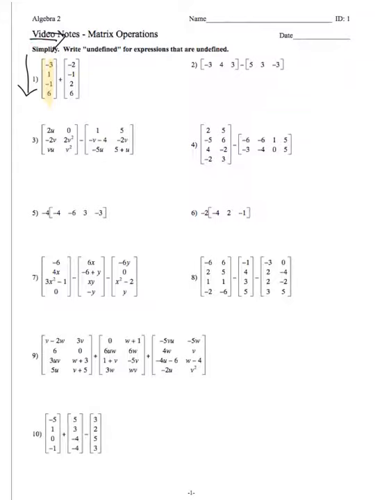So that's considered a 4 by 1 matrix. These both are 4 by 1. I will go ahead and write it right up under here. These are 4 by 1.